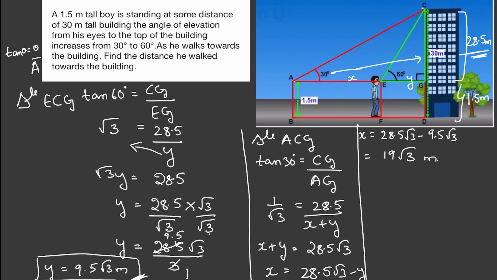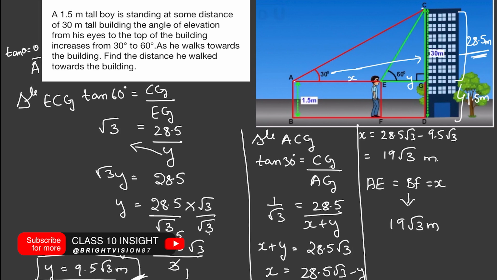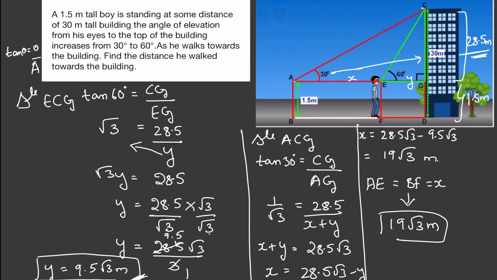Hence, the distance AE, which is equal to BF, that is equal to x, its value is 19 root 3 meter. That is the distance the boy is going to cover when he is heading towards the building. Hope the solution is clear.